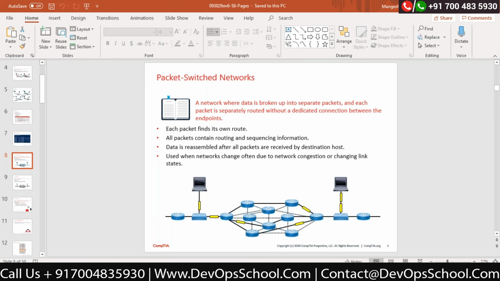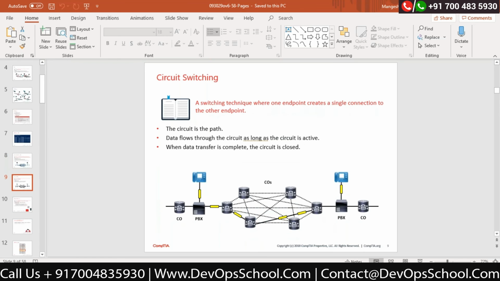Now when we talk about internet connectivity, either I'm connected with broadband or I could connect with any kind of telephone network, or sometimes it could be a network which is handled by your telephone company. Correct? Now if my network is handled by any kind of telephone company, then I will say it is a circuit switching network.